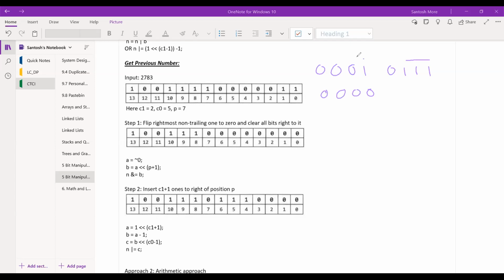So I need to set all of the bits after that, so I have to set all of these to 4. So if we take this as 23, this will be 15.